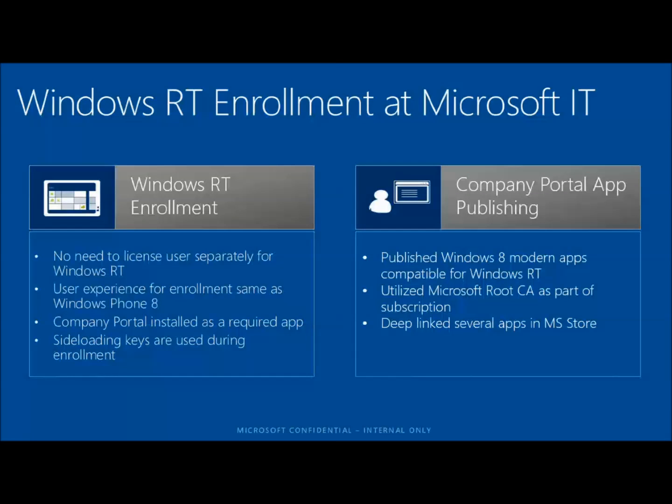So any app that got signed with that certificate or any child certificate automatically got trusted. So we just use the root certificate to publish into the devices. As I told before, we also deep link a few apps in the MS Store, and those are commonly used apps, to make sure how the adoption goes on for those deep linked apps.